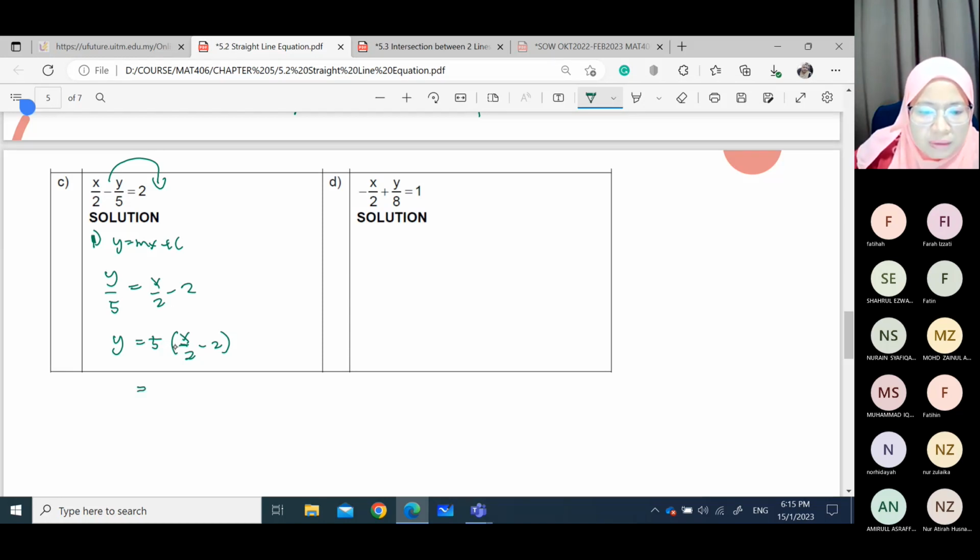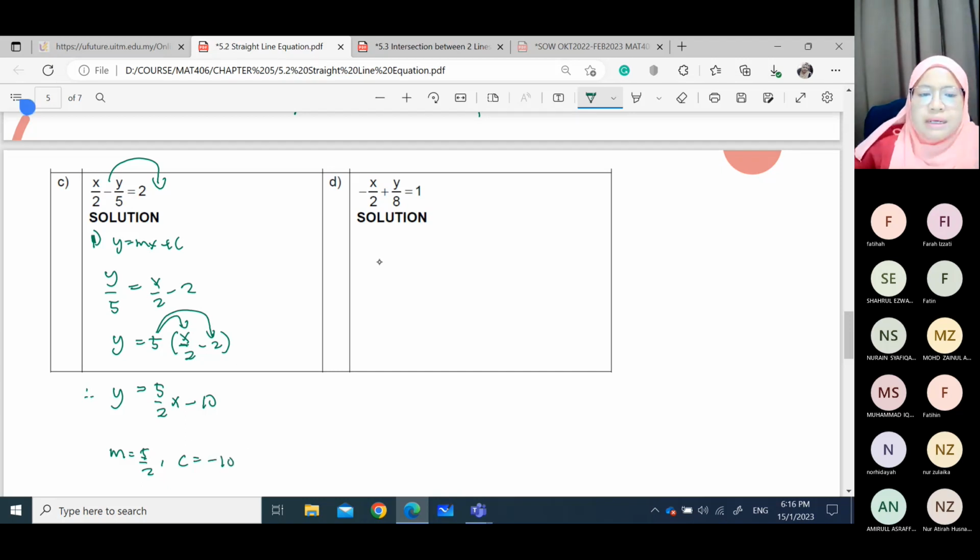Okay, so expand yang ini, so you akan dapat 5 over 2x minus 10. Okay, so therefore y equal to 5 over 2x minus 10. So hence our m is 5 over 2 and our c, which is the y-intercept, is negative 10.